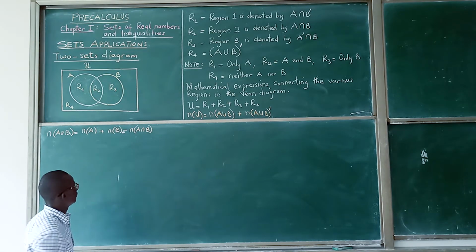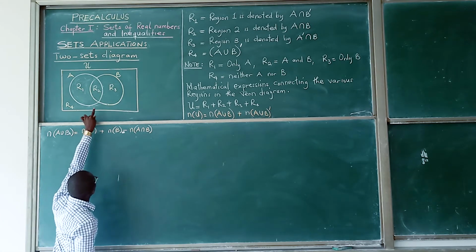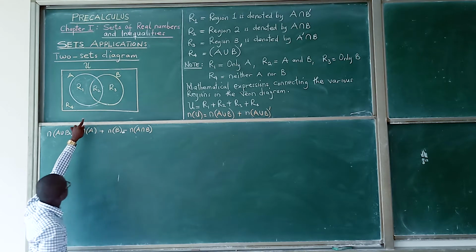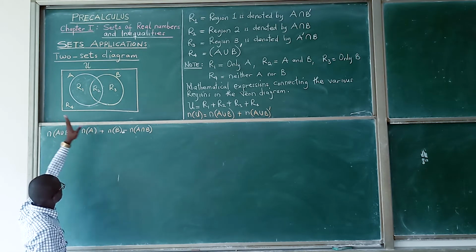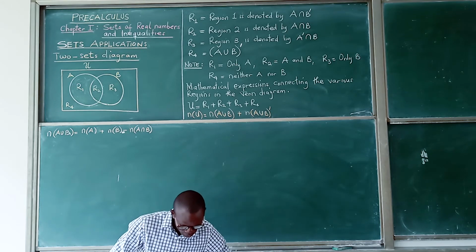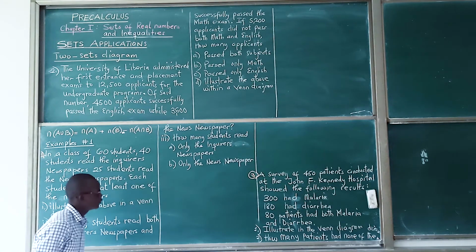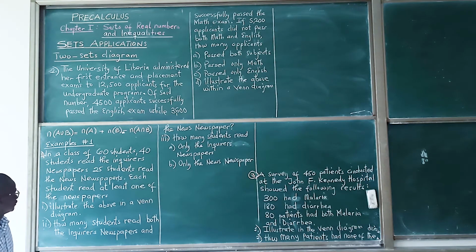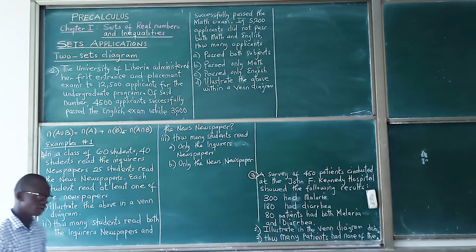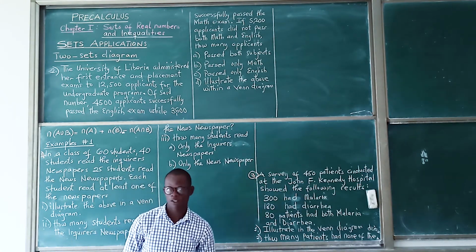We subtract region 2, this center area, from the number of A plus the number of B. So let's look at some examples. We have some example problems under applications of sets involving two diagrams or two sets.